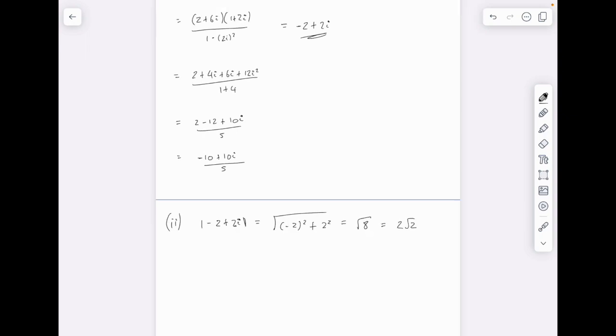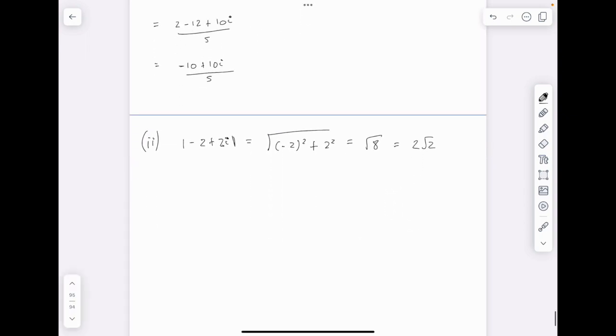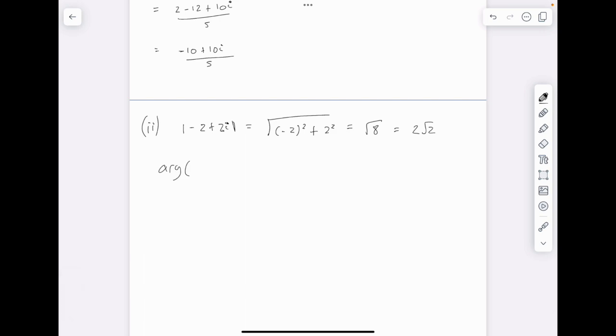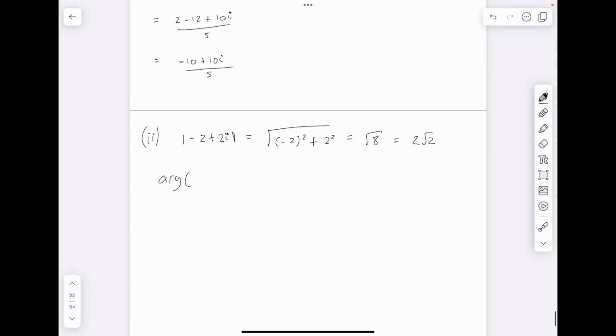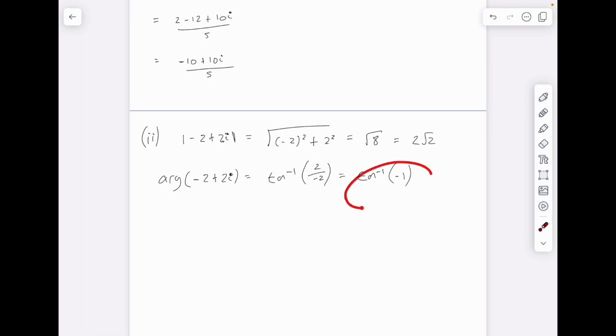And the next part is to say, fine, what's the argument? So we've found the modulus. What would the argument now of negative 2 plus 2i be? Well, the argument of negative 2 plus 2i is simply going to equal arctan of 2 over minus 2, which equals arctan of minus 1. And this is pretty simple.